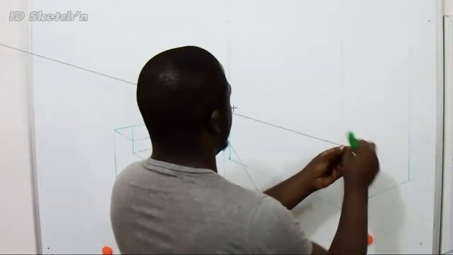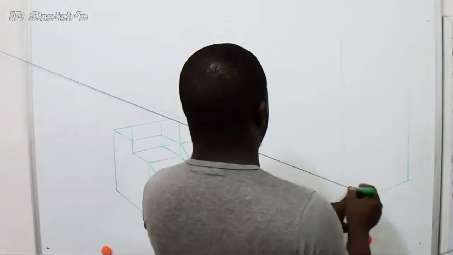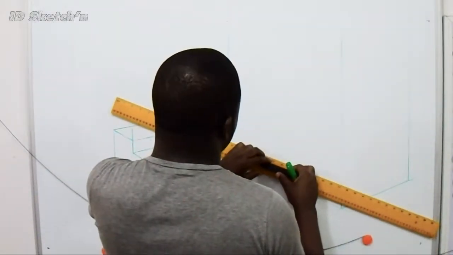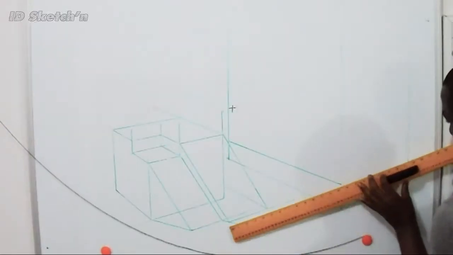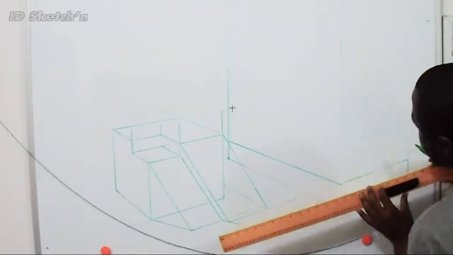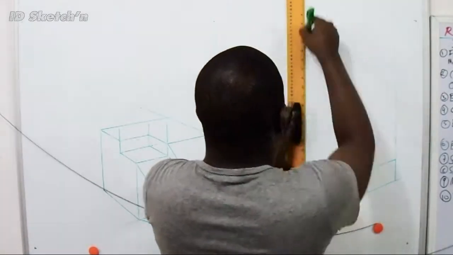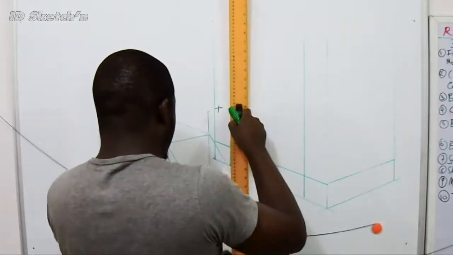Now your rulers will be in relation to the vanishing point, regardless of whatever angle you're coming from. Here, I'm having 2-point perspective, so that means 2 vanishing points, hence 2 strings.